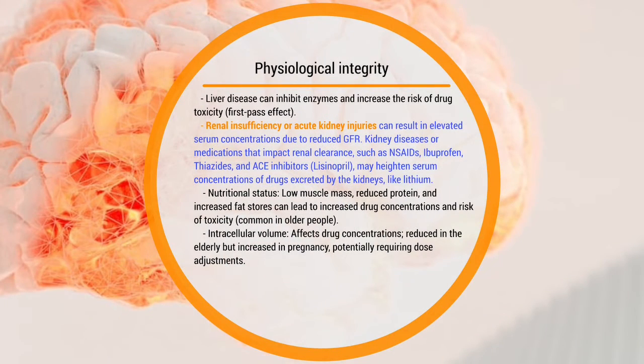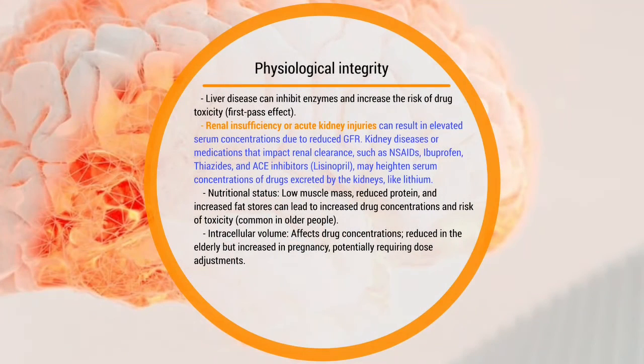So it can result in an elevated serum concentration due to the reduced GFR. When you look at the GFR, look at your labs, because they'll say for African Americans this is the normal, for Whites this is the norm. So just look for the normal GFR. If it's reduced, it could mean renal injury.